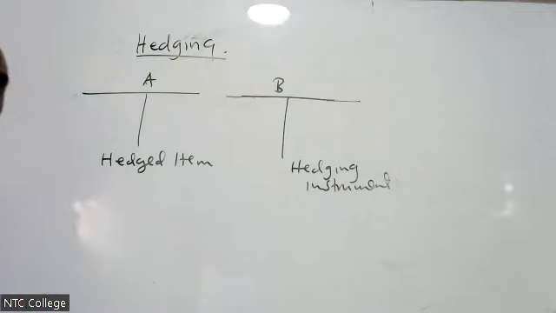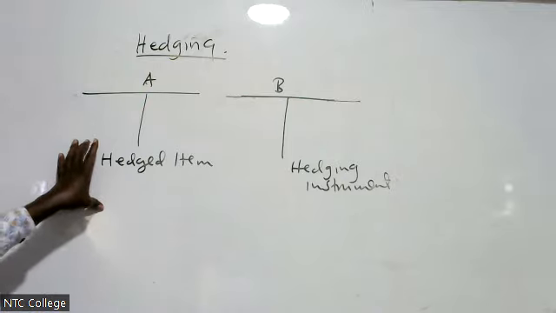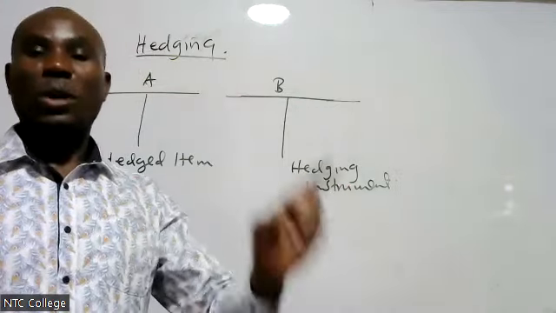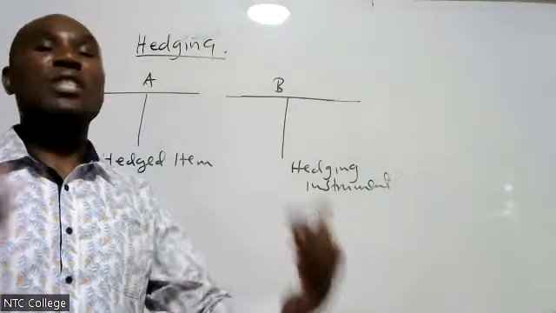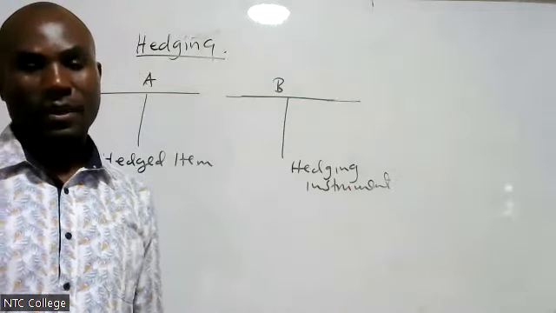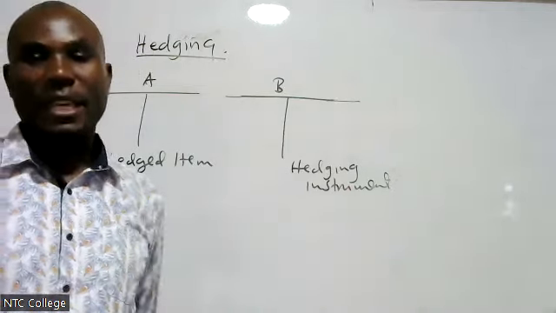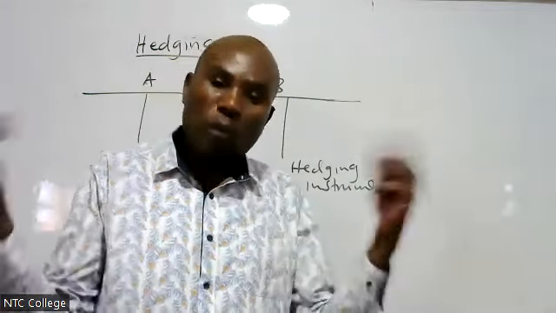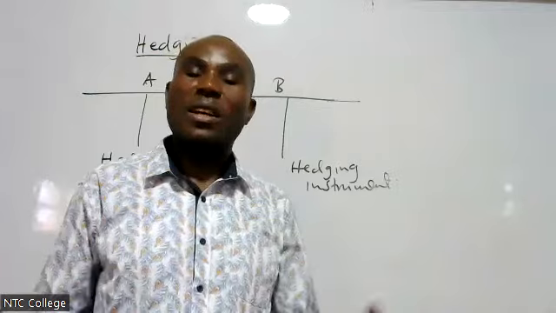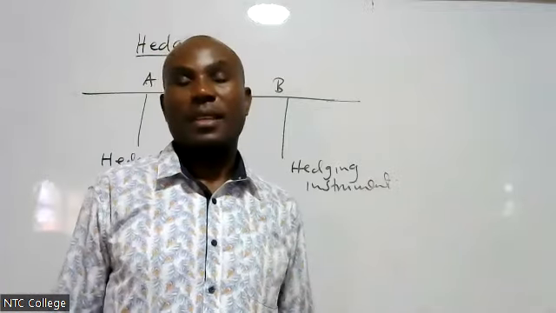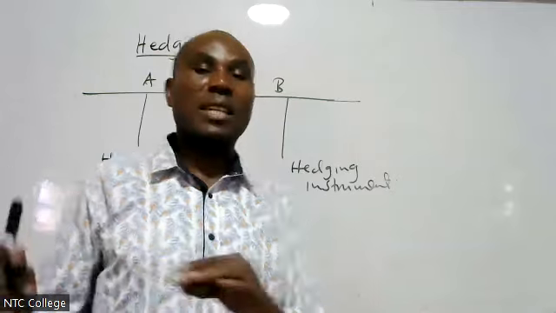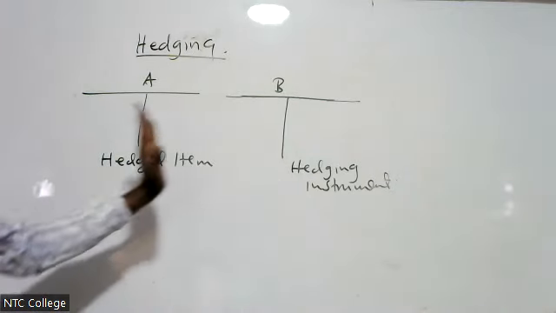Therefore, I need to mitigate that risk. We call it the hedged item. The hedging instrument is an instrument that is coming to offset the loss on a hedged item.